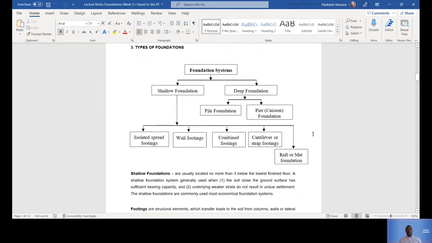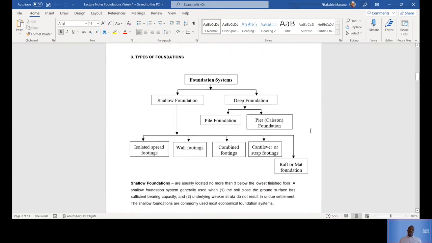Okay, now let's talk about the types of foundations that can be built. Basically, there are two types, and under each type there are subtypes. As you can see here from the picture, there are shallow foundations. Shallow means they are small in size, really short, and then there are deep foundations, meaning they are really long.